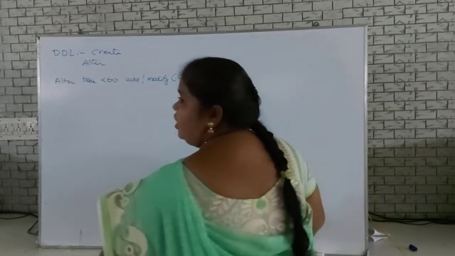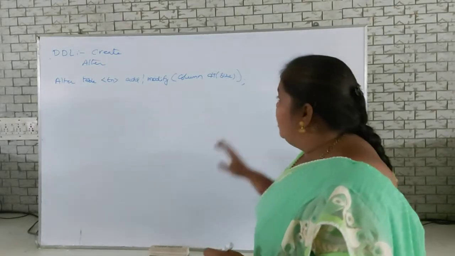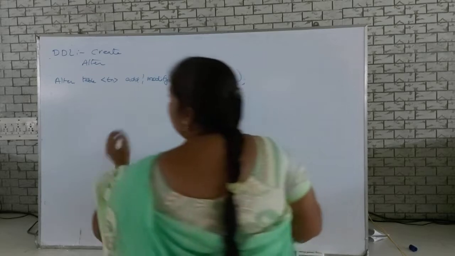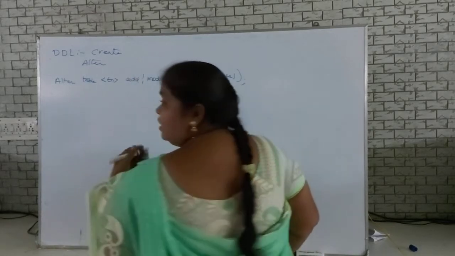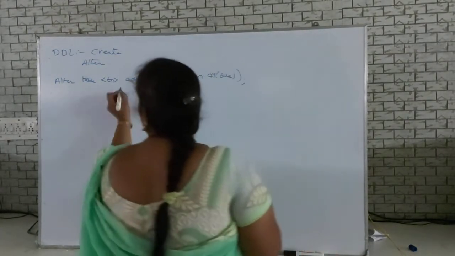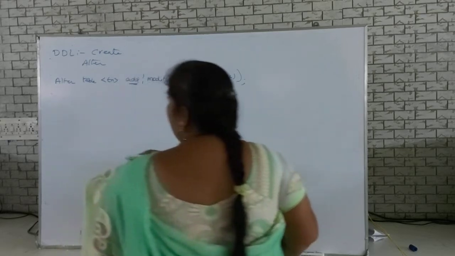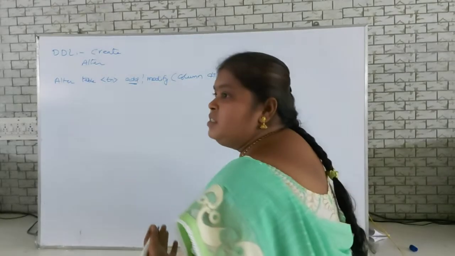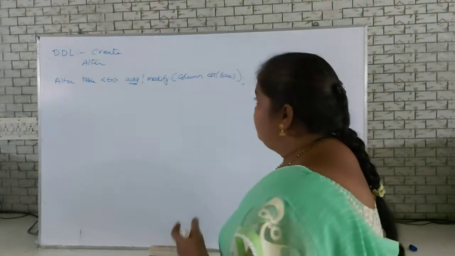All the statements end with a semicolon. If we want to add a column to the table, we use add. If we want to modify the previously stored data, we use modify.